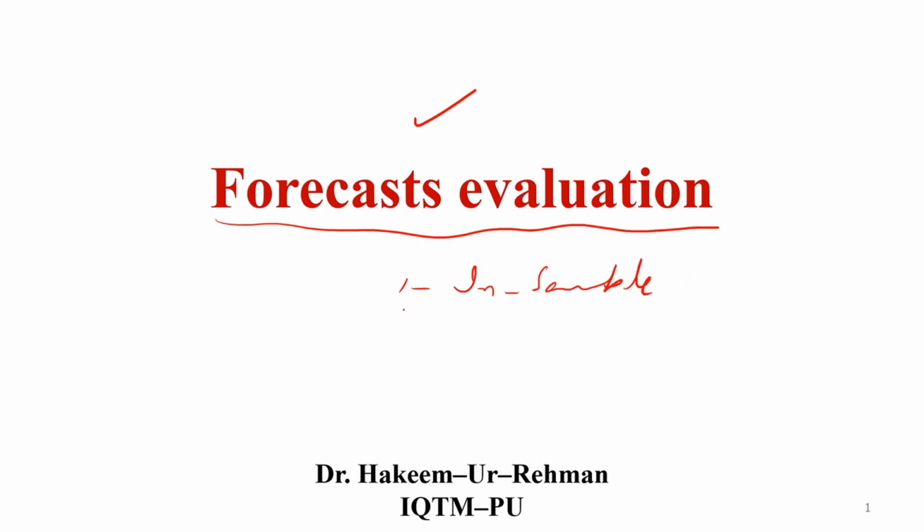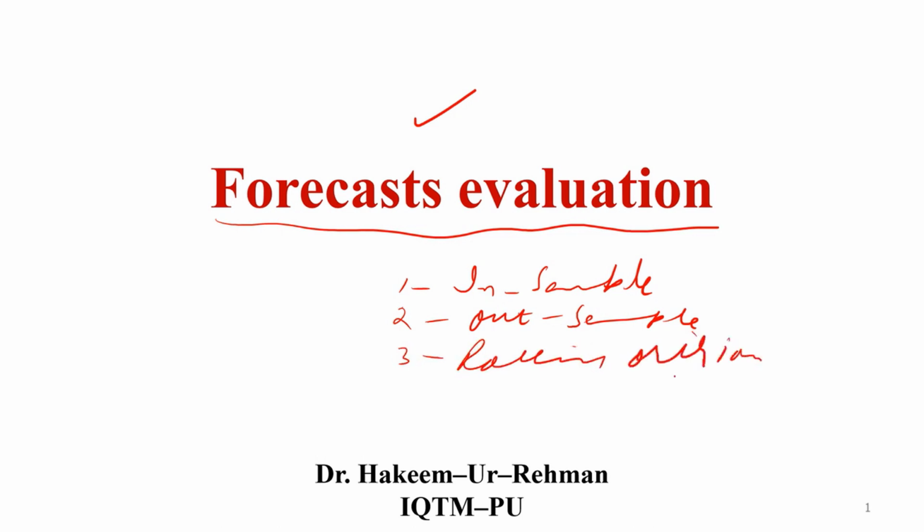The second one is known as the out-of-sample forecast approach. And the third one is called rolling horizon, or rolling origin forecasting, which is also known as time series cross validation, an approach to evaluate any particular forecast method.